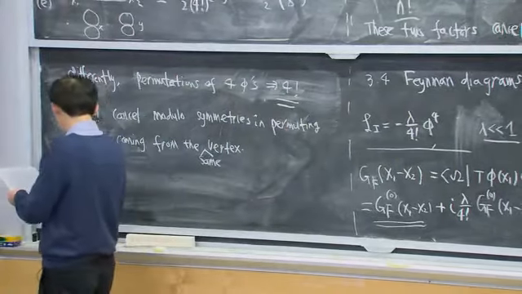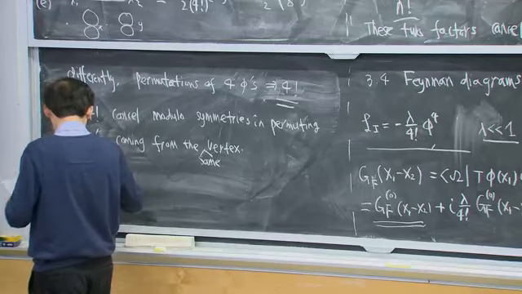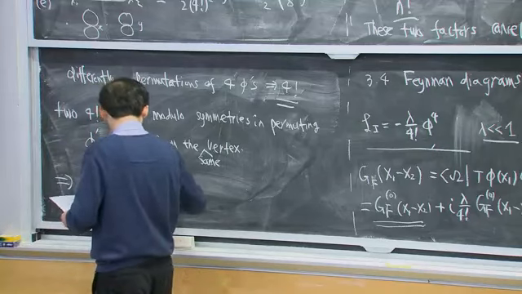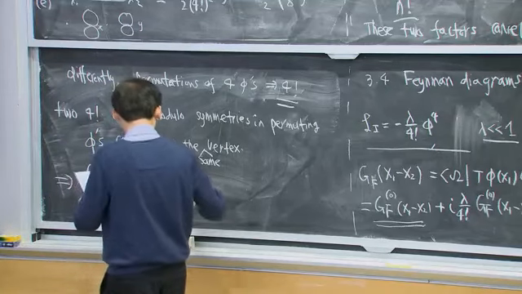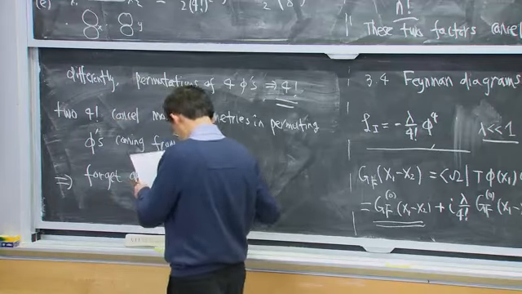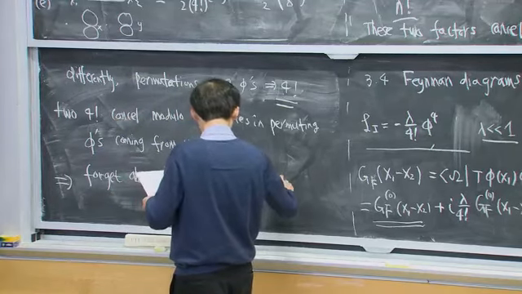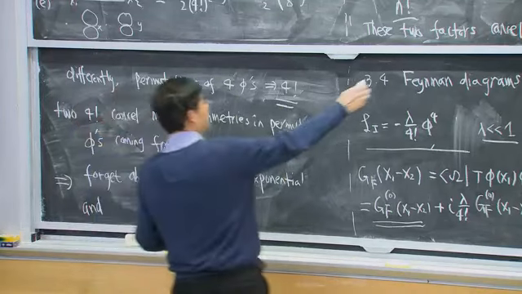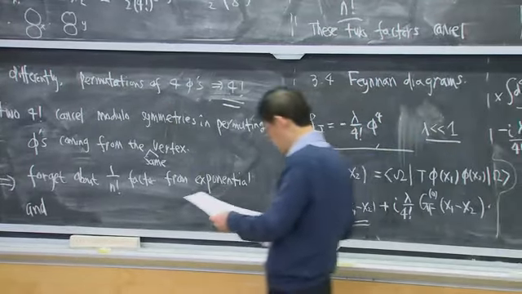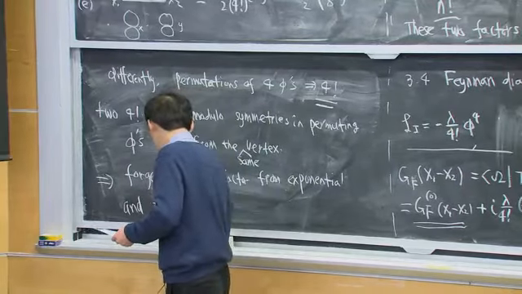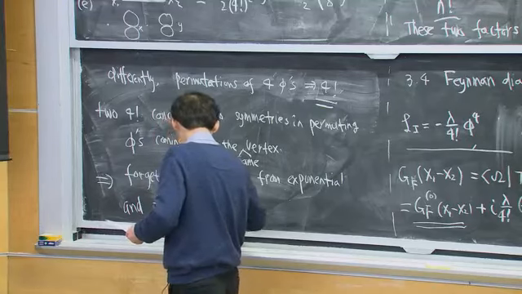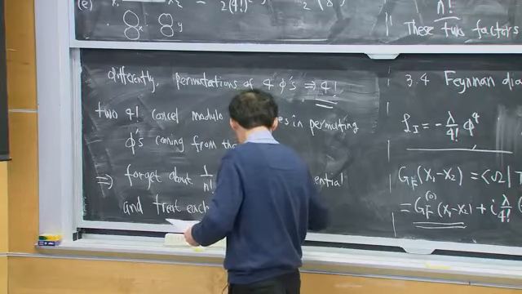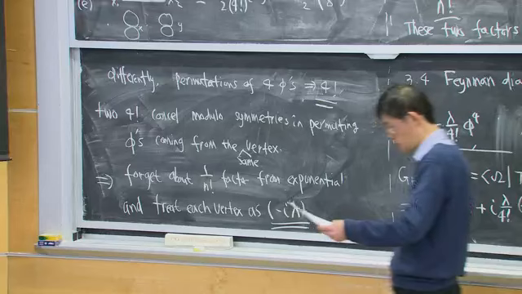So we can forget about the n factorial from the exponential, and we also forget about this 1 over 4 factorial, and treat each vertex just as a factor of minus i lambda.